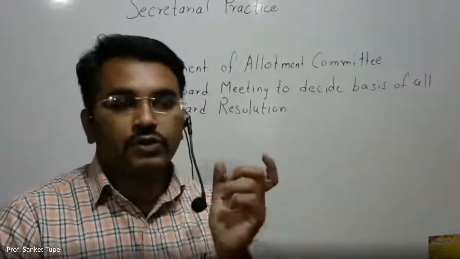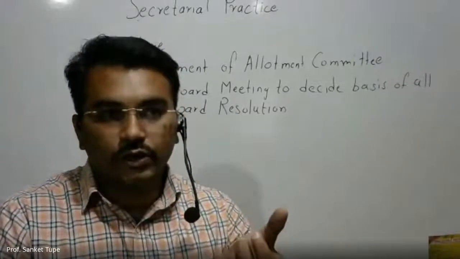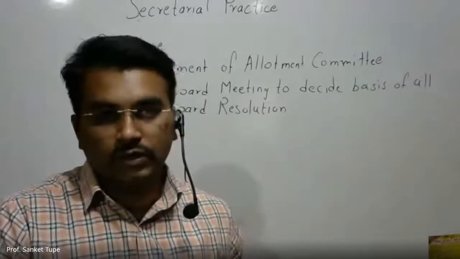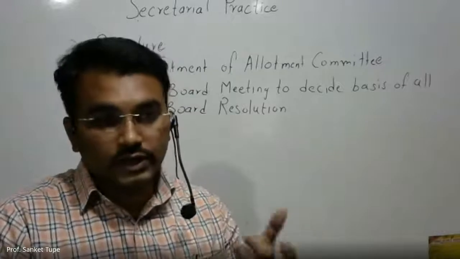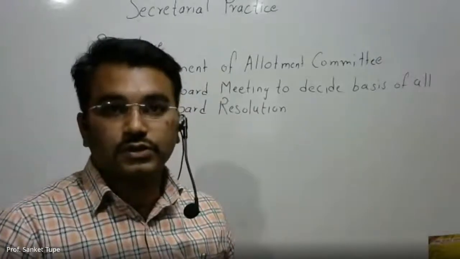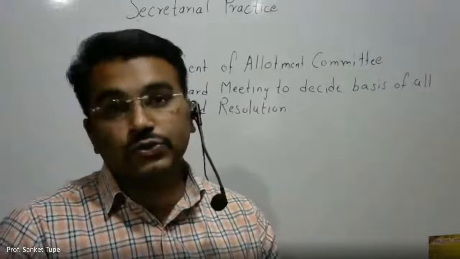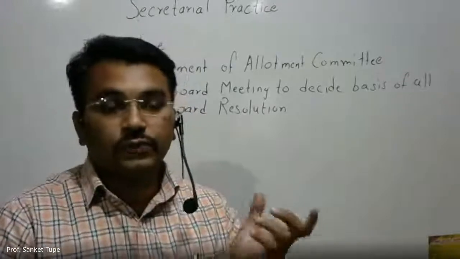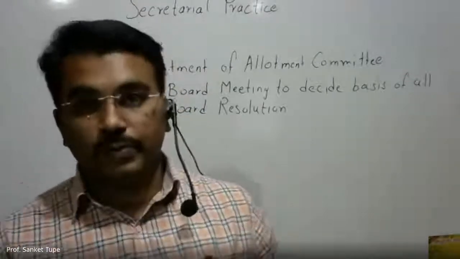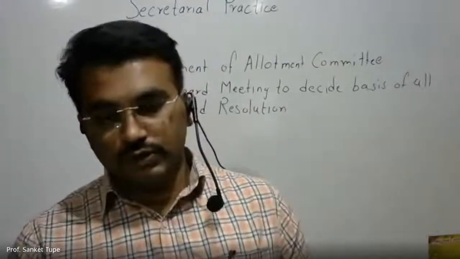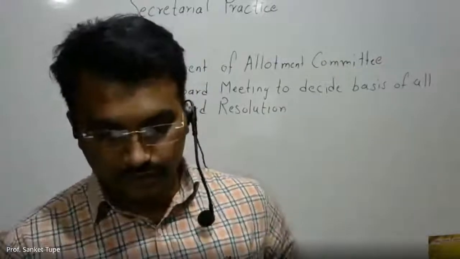Without a resolution, there is no point in holding that meeting. So they have to get the signatures of those persons while making the resolution, or get the conclusion of that meeting. So it is fruitful for further purposes.